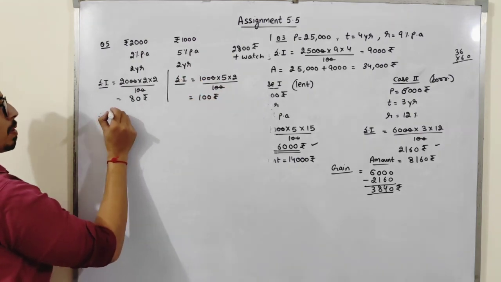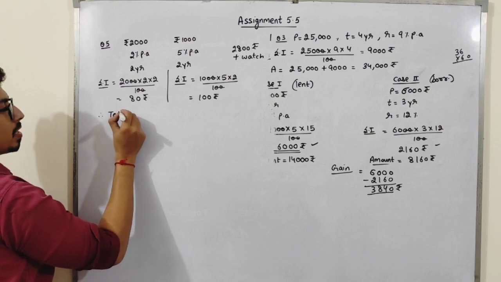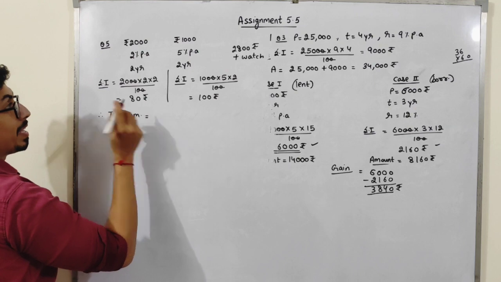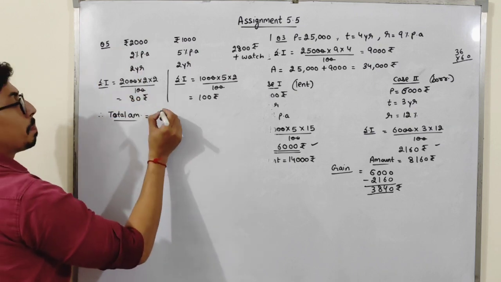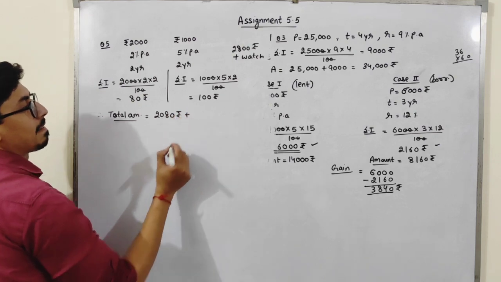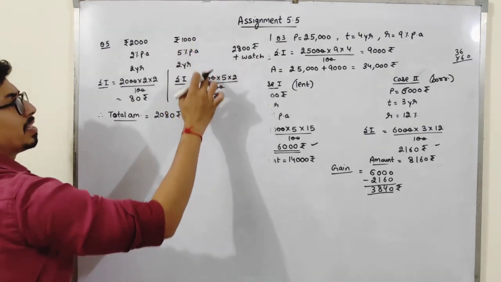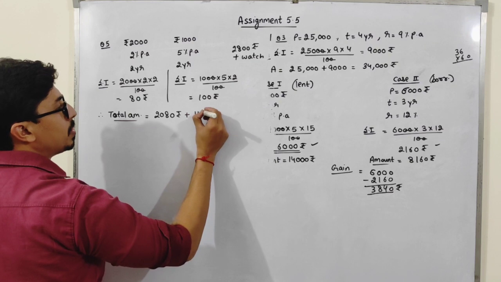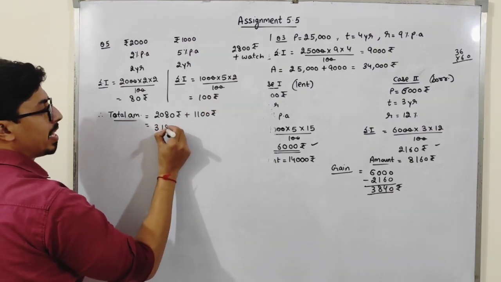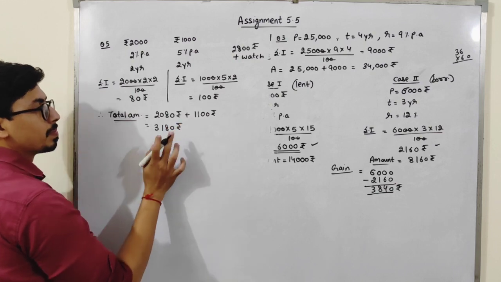That means the total amount that he has to pay is this principal plus this simple interest, that means 2,080 rupees plus this principal and this interest also, so 1,100 rupees. So if I add them, it will be 3,180 rupees that he has to pay.